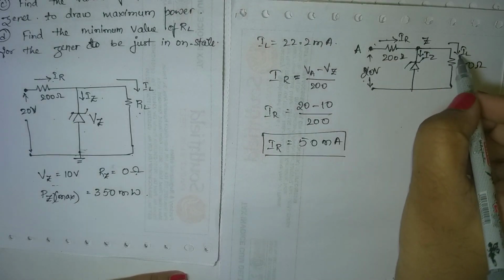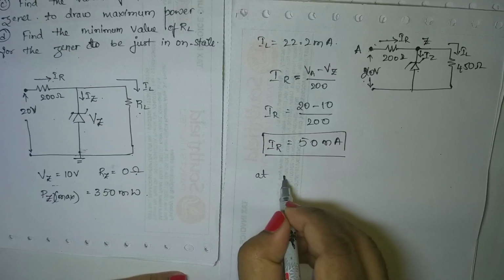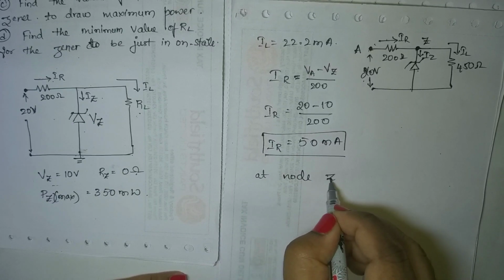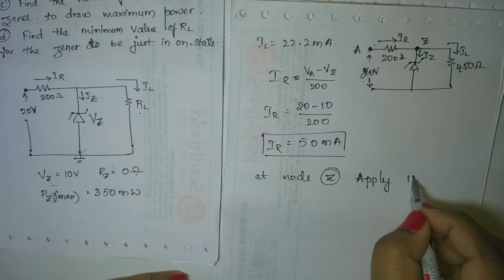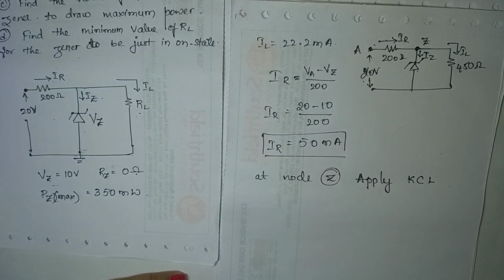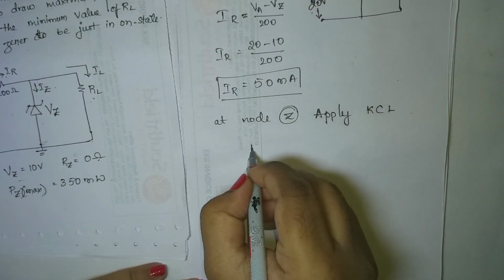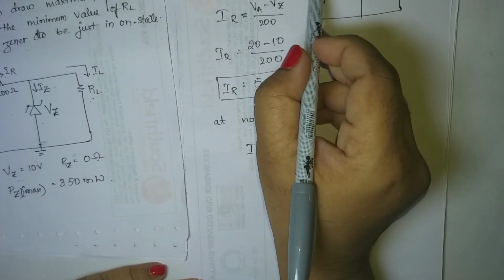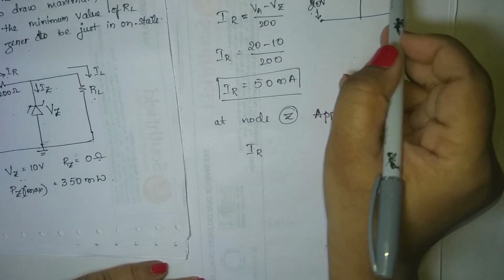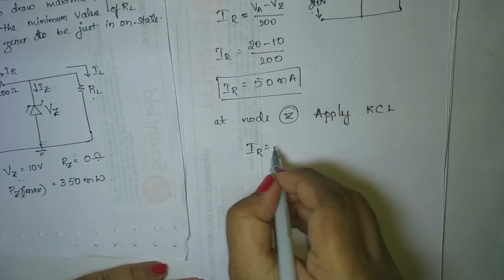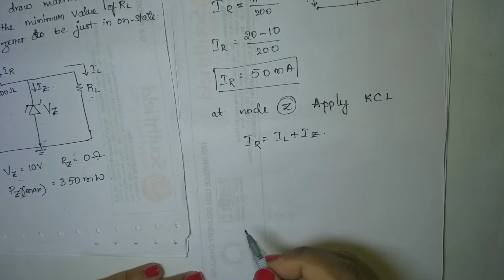In the same circuit, Z is a node. At node Z, if you apply Kirchhoff's current law, what will be the equation? The current flowing towards the node is IR. Flowing away from the node is IL plus IZ. So this is the expression.